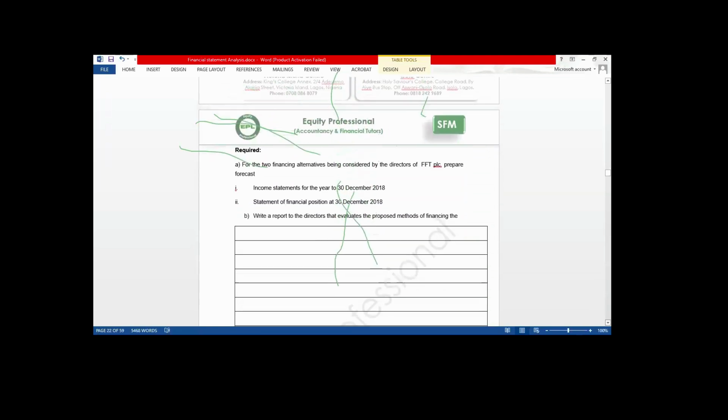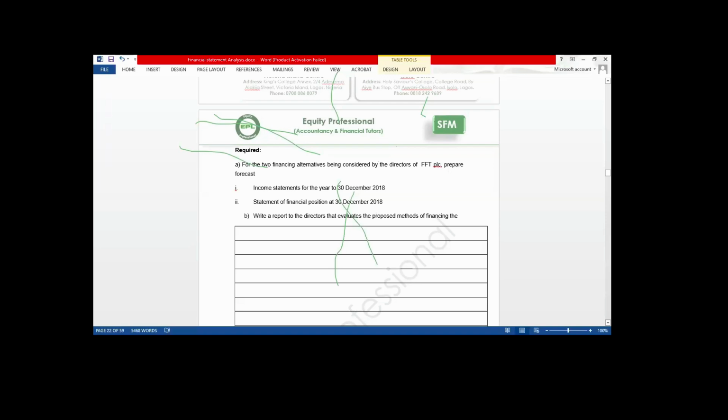Requirements A. For the 2 financing alternatives being considered by the directors of Food for Thought PSC, prepare a forecast income statement for the year to 30th December 2018, and a statement of financial position as at 30th December 2018.